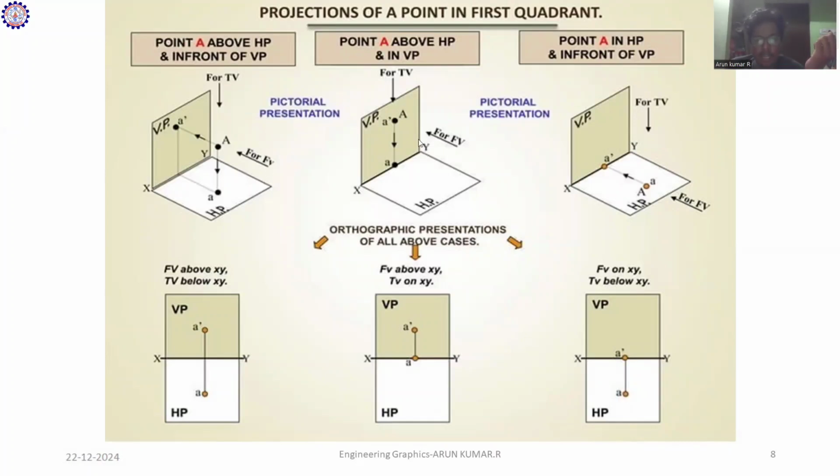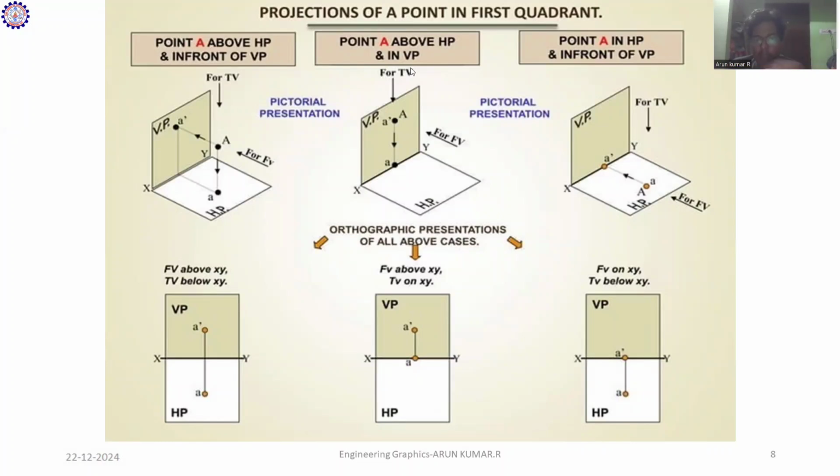For the next case, the point A is above HP and in VP. In VP means the point is located on the reference plane. If you look at point A in the first quadrant, the front view A dash is located at a particular height.